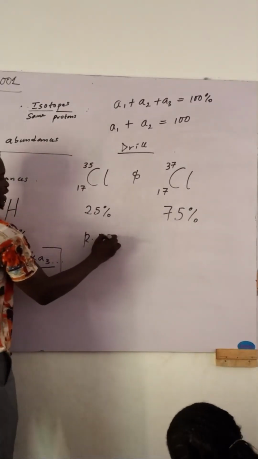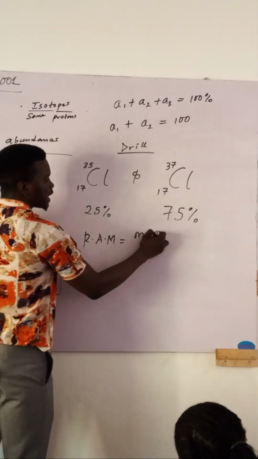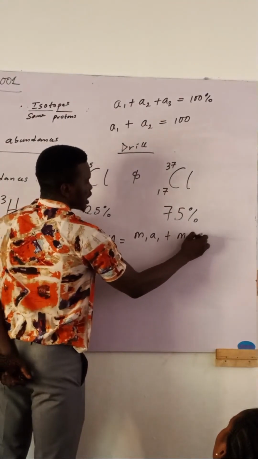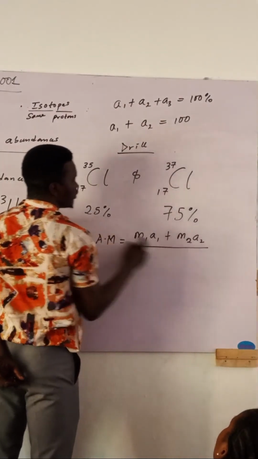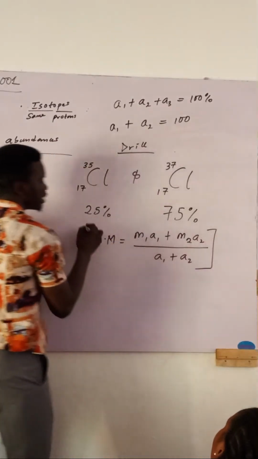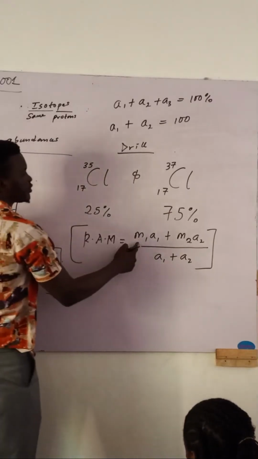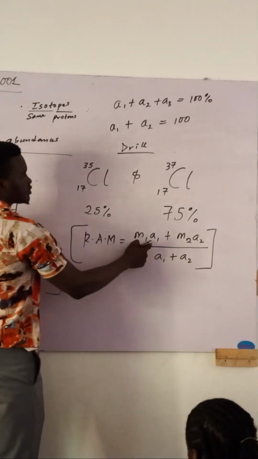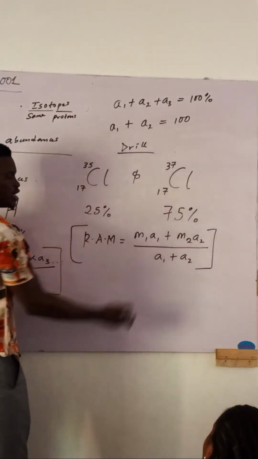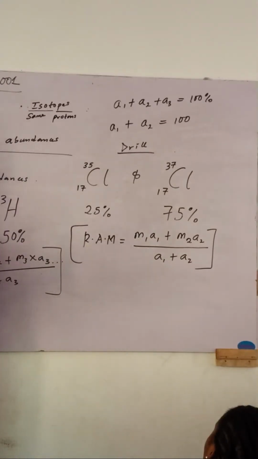My relative atomic mass is going to be M1 multiplied by A1 plus, because there are no more than 2, M2 multiplied by A2, all over A1 plus A2. That will be my formula. M1 is 35, A1 is 25, M2 is 37, A2 is 75. Then I add 25 plus 75, that makes 100. That will give me the answer.